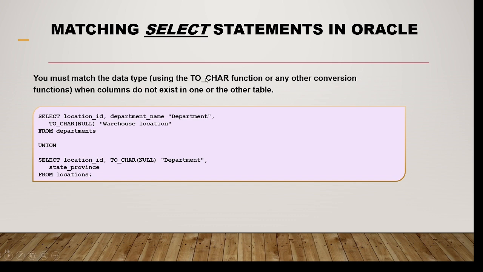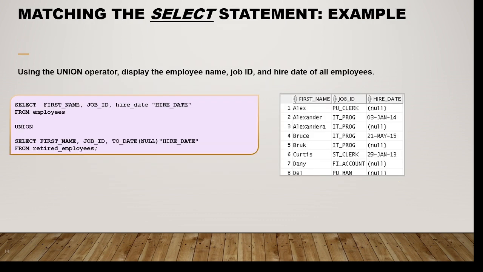Similarly, the TO_CHAR function in the second query is used to match the VARCHAR2 data type of the department name column that is retrieved by the first query. So this is how we match the select statements in Oracle. Let's see one example based on this.